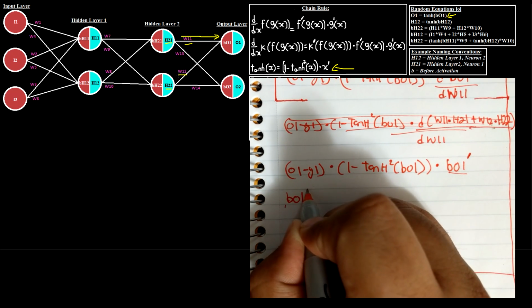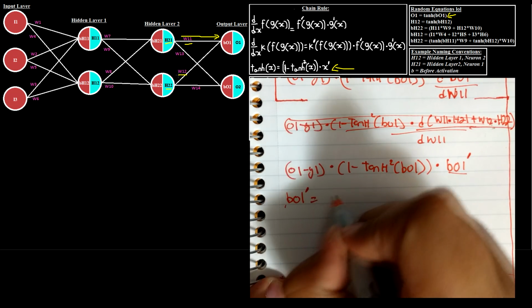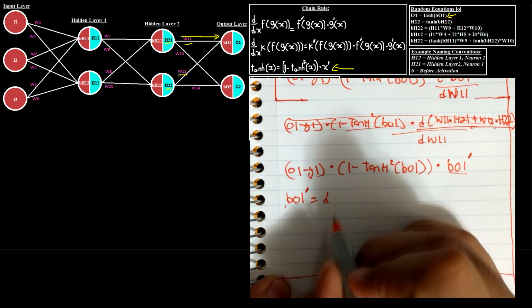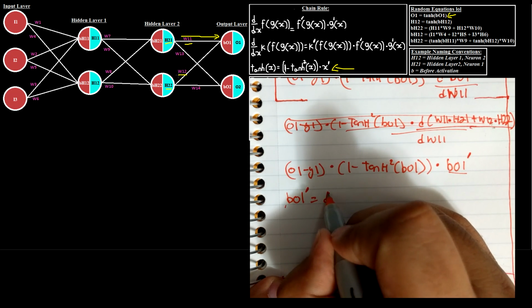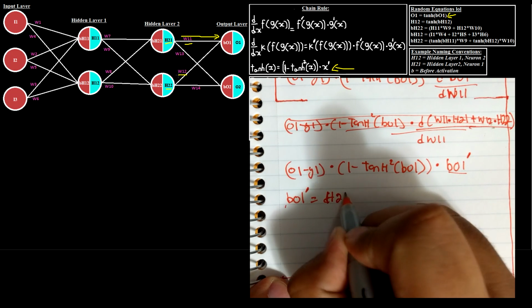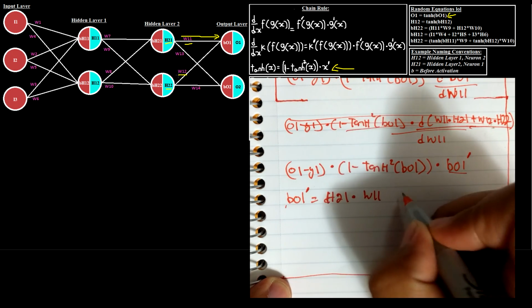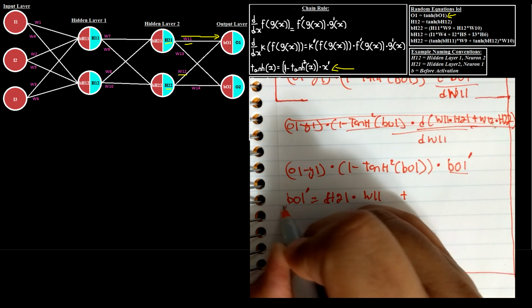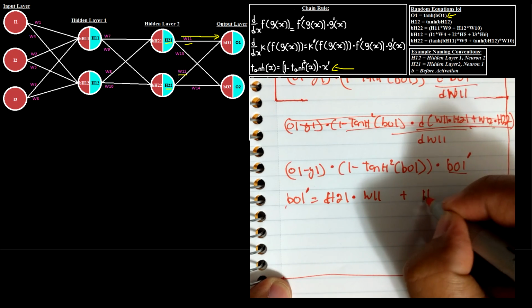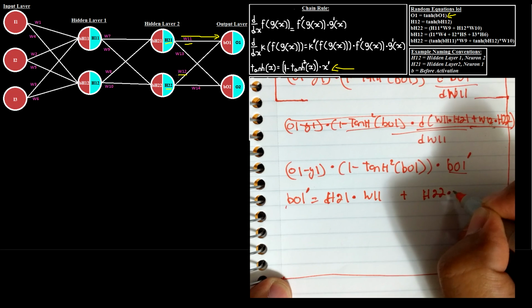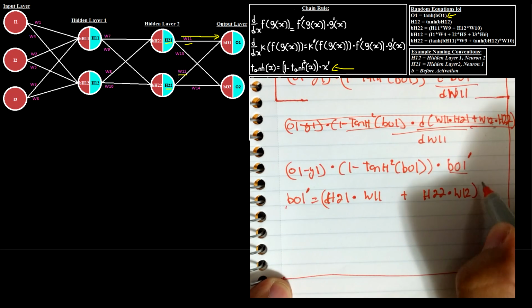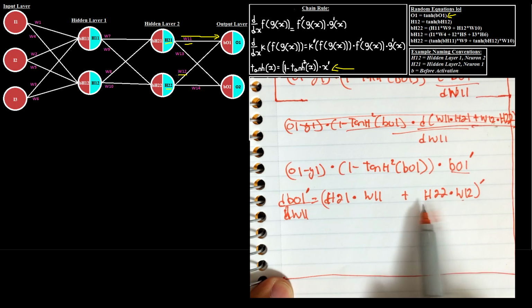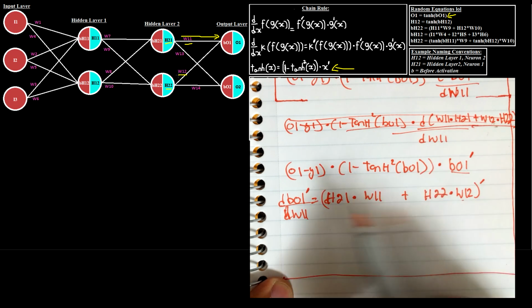So BO1 prime is essentially the derivative of this guy, H21 times weight 11 plus H22 times weight 12. So H22 times weight 12 has absolutely no effect on weight 11. It has absolutely nothing to do with weight 11.